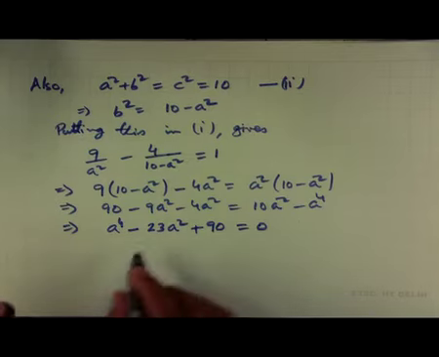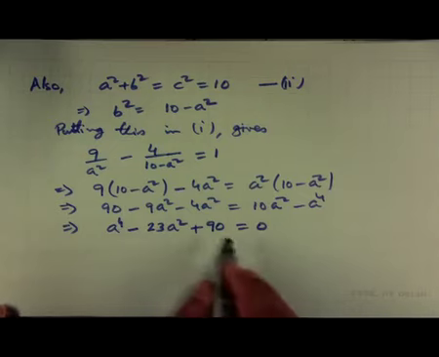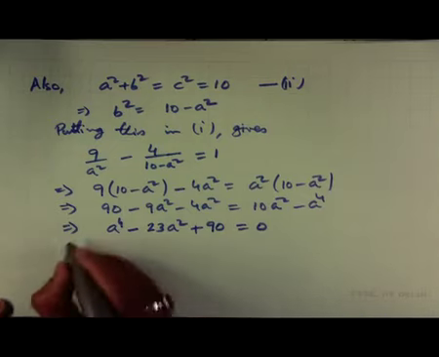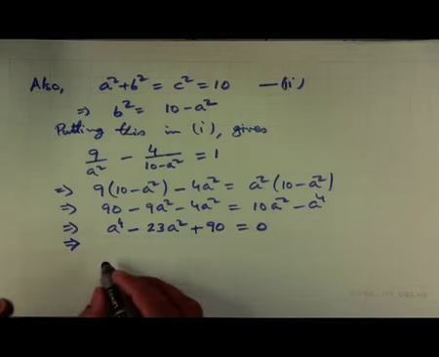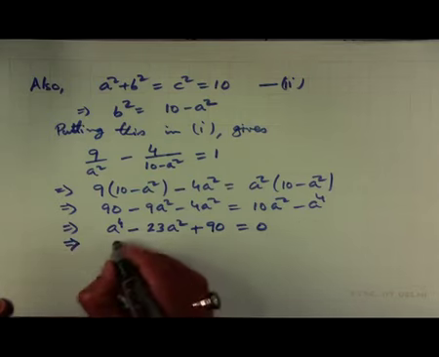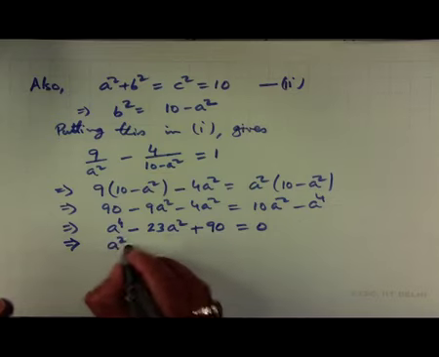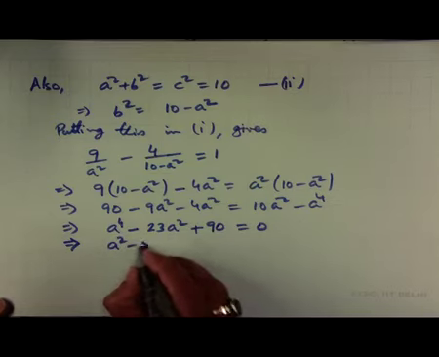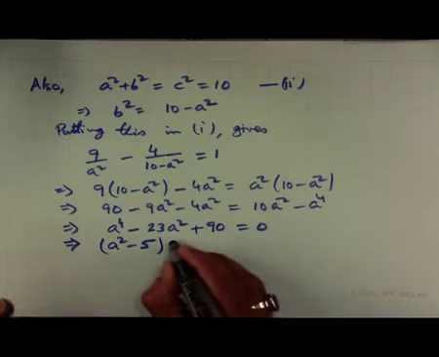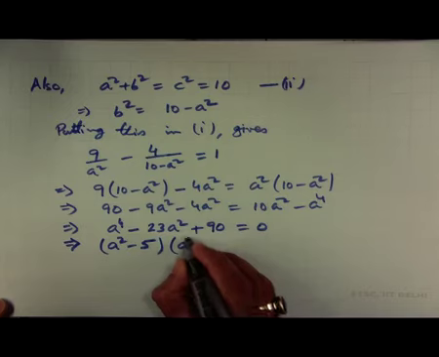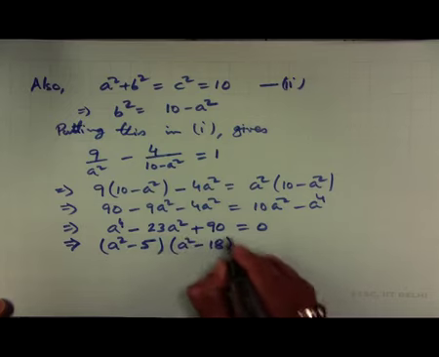And now, you can find a square from here. So, this implies we can write this as (a square minus 5) times (a square minus 18) equal to 0.